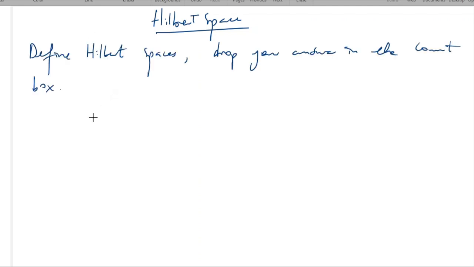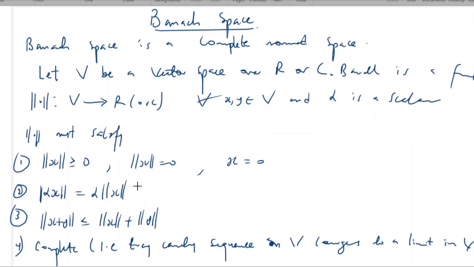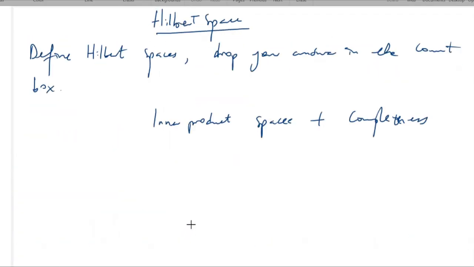Don't forget, Hilbert space is inner product space plus completeness. So all you need to do is define the inner product space and then add the same completeness that we have here in it, and then you have Hilbert space.